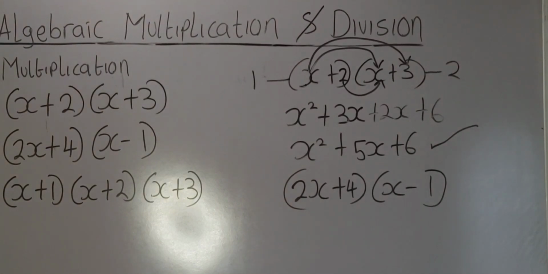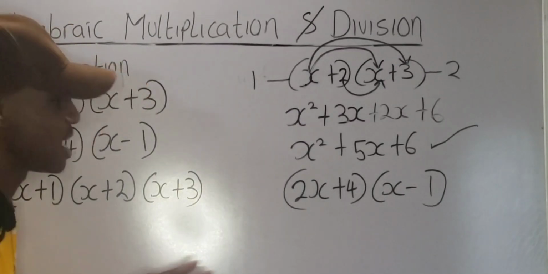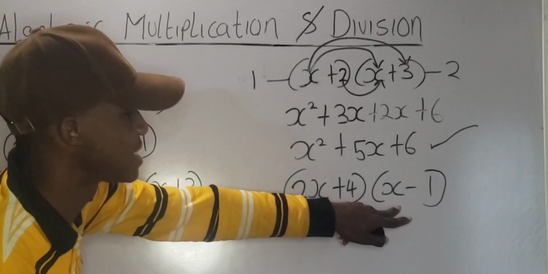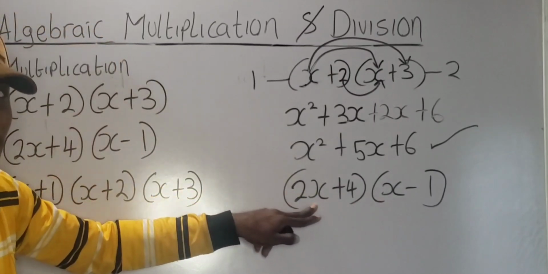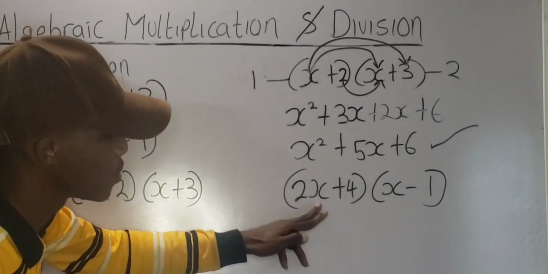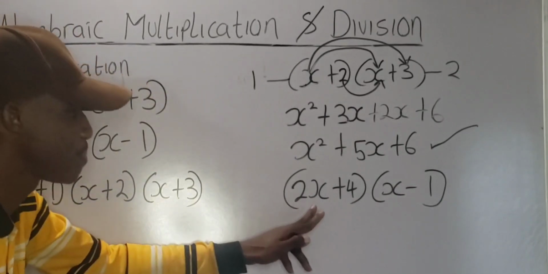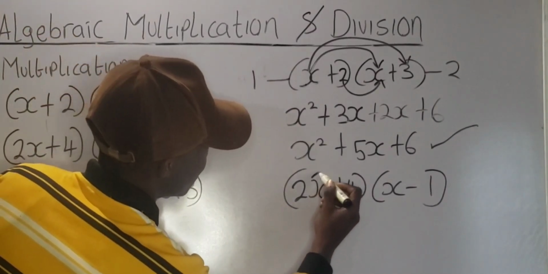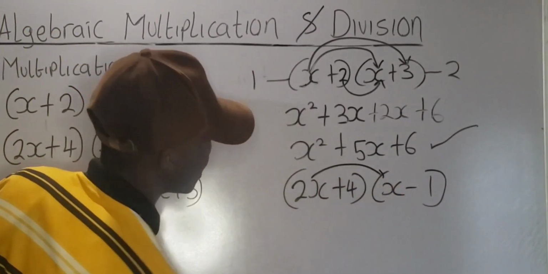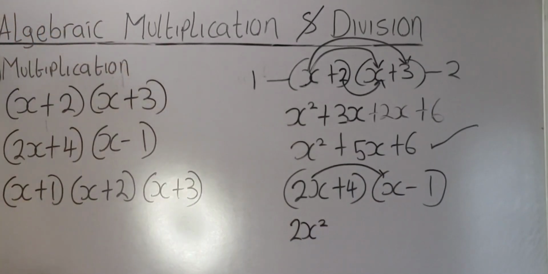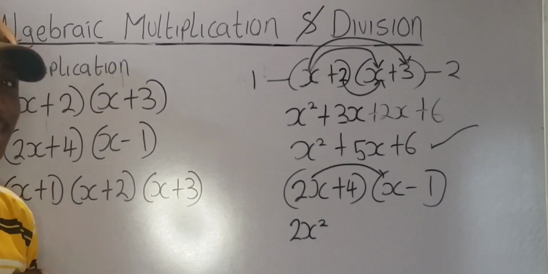Okay. Now let's proceed. Don't forget the step. The step is that I'm going to first multiply the second bracket by the first element in the first bracket. What is the first element in the first bracket? The first element is 2x. So 2x multiplied by x, that is 2x squared.